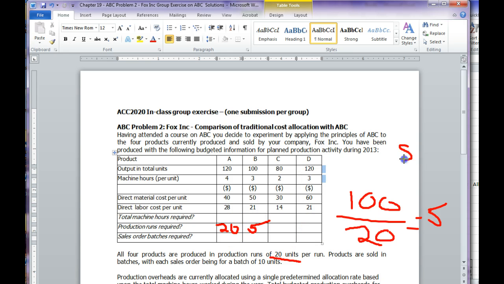Here we have 80 units for C, 20 units per run, 4 runs here. And look at this one, 120. Hey, we already did that math. That's going to be 6. So that should give you these numbers here.